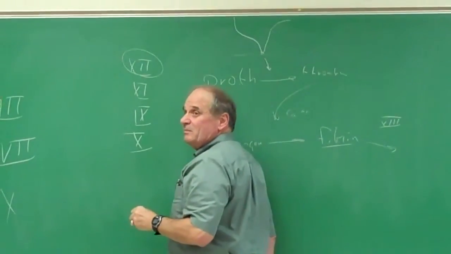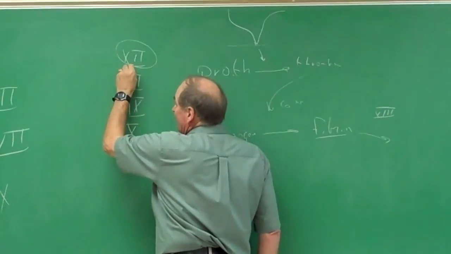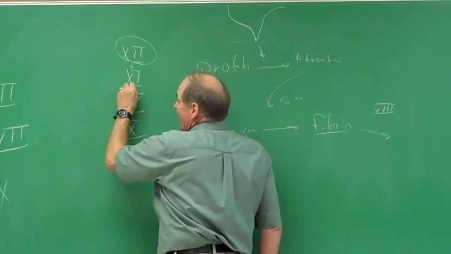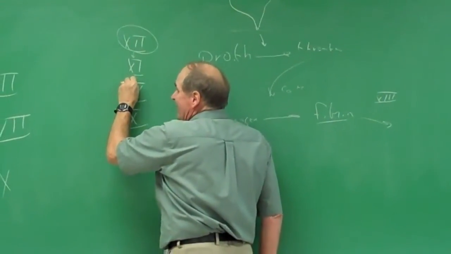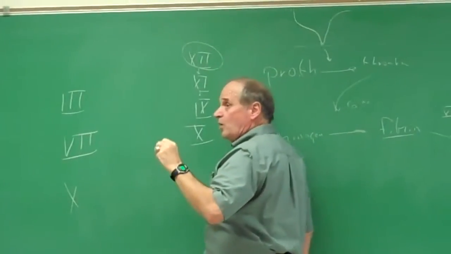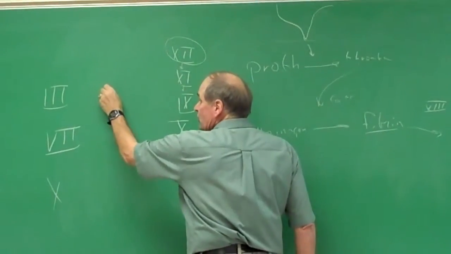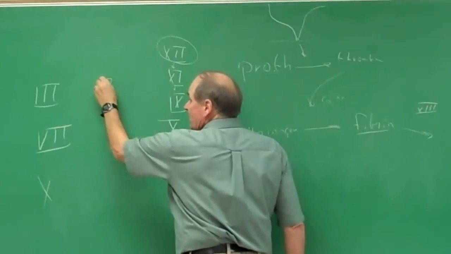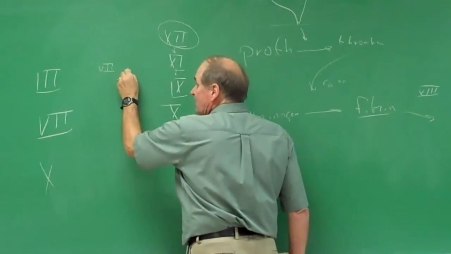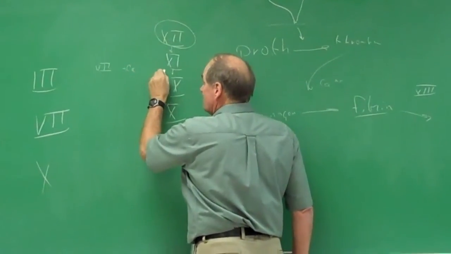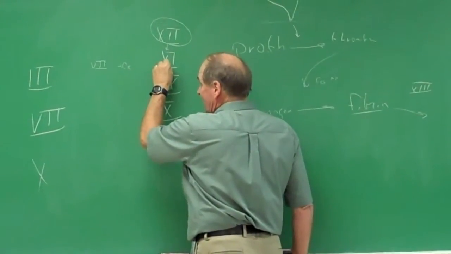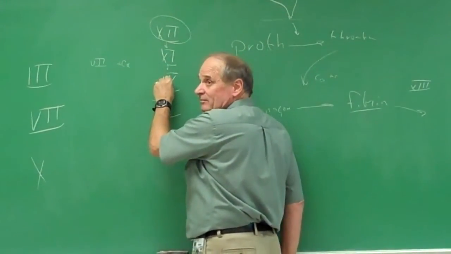Damaged platelets activate him. Now, number 11 combines with number 7 from the extrinsic pathway, plus calcium, and activated number 11 activates number 9.